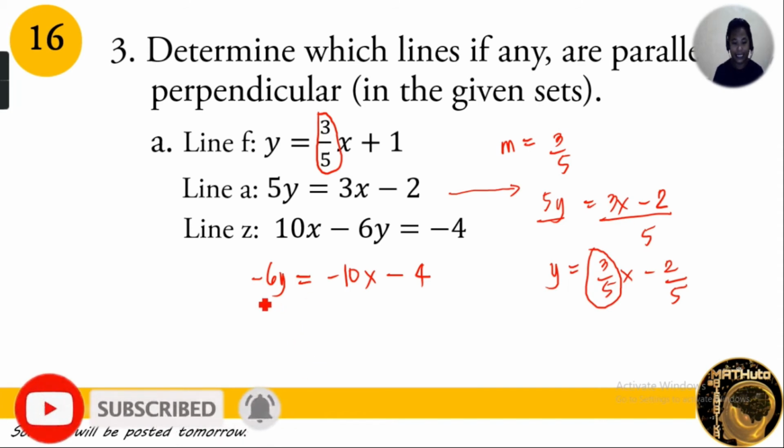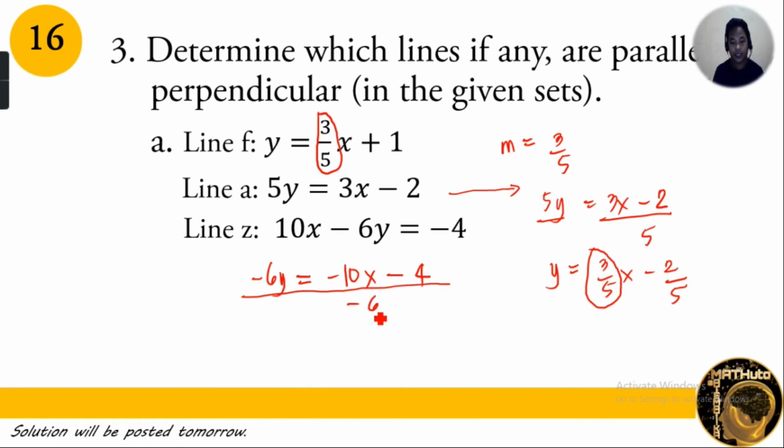Dividing all the terms by negative 6, we have y equals negative 10 divided by negative 6 is 5 over 3x, slope term na po. Negative 4 divided by negative 6 is positive 2/3. So the slope of line Z is 5/3 po.